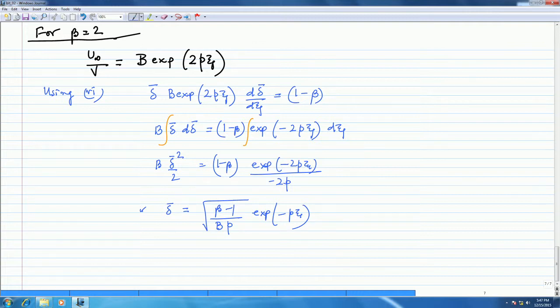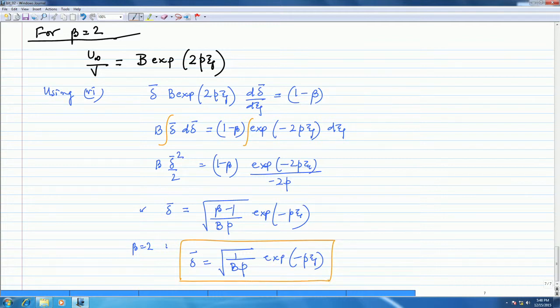But like we've said, this is for beta equal to 2, so delta bar is equal to this exponential minus p zeta.